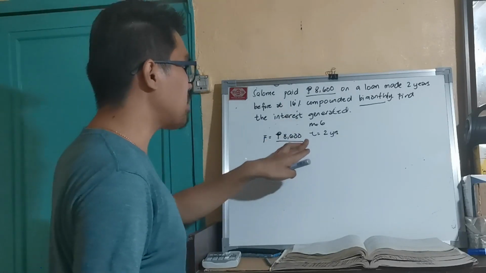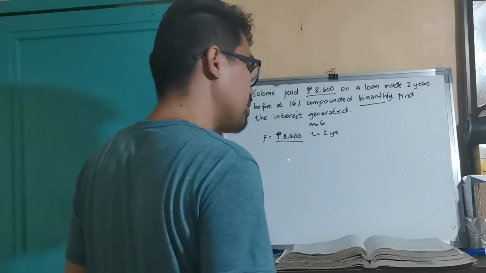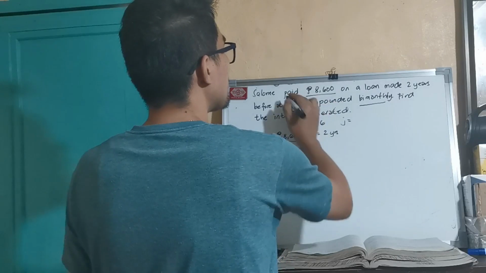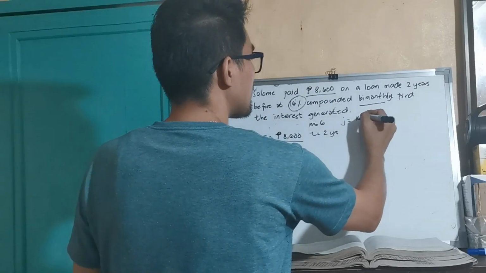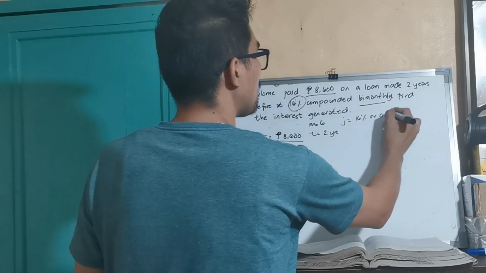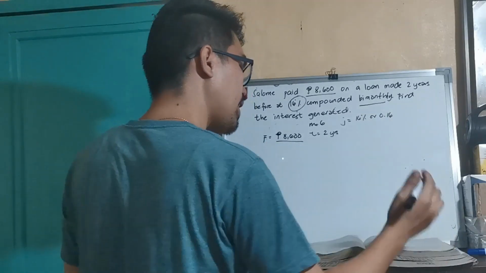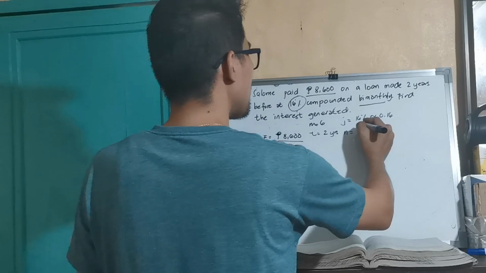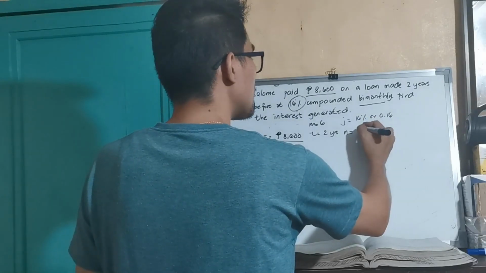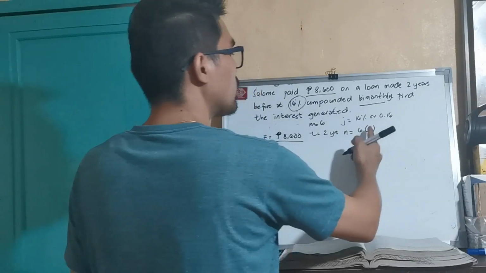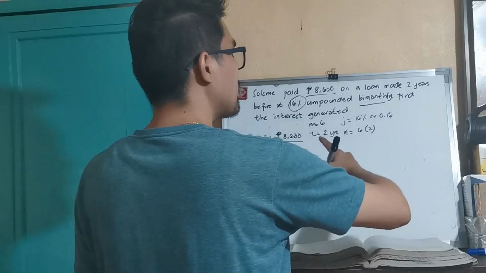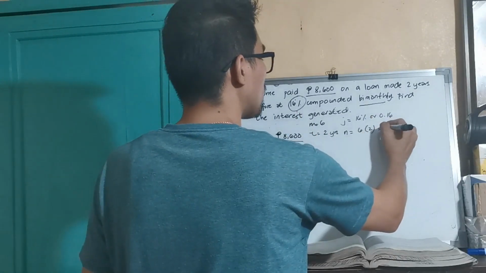Okay? So we have here m, then t, and next is our j, the nominal interest, which is 16%, or that is 0.16. And then our n, the total number of conversions, is simply 6 times 2 years, and that is going to be 12.